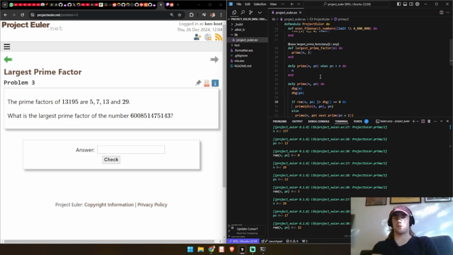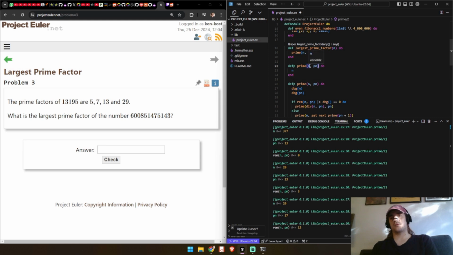Oh, so the escape clause can be if they're the same number, right? So this is basically saying when Pn equals n, but I'm making this guard by the variable.